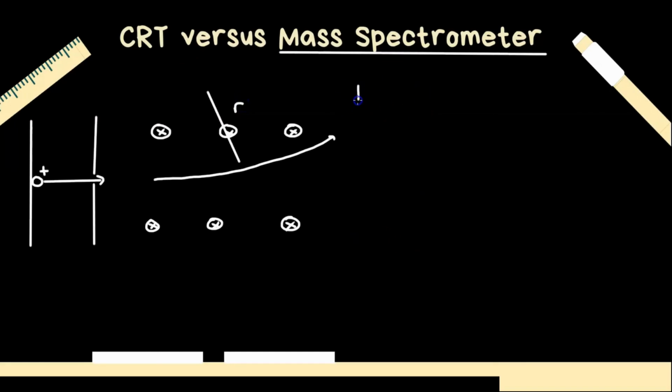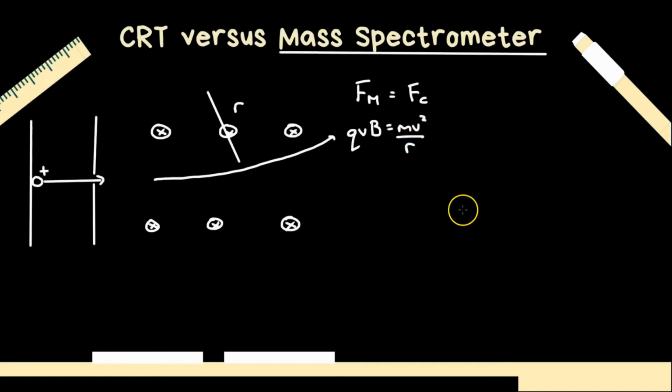So we know the magnetic force is going to be equal to the centripetal force, just like we did before with the cathode ray tube: QVB is equal to mv squared over r.